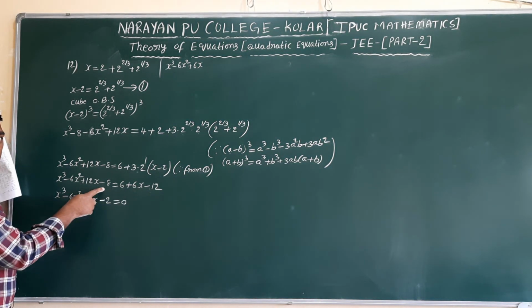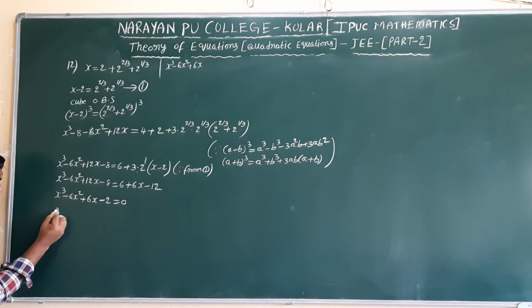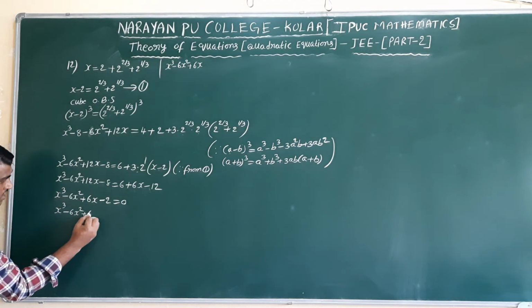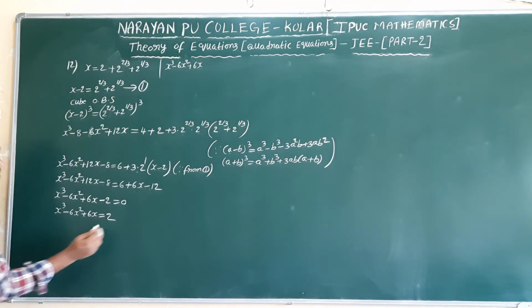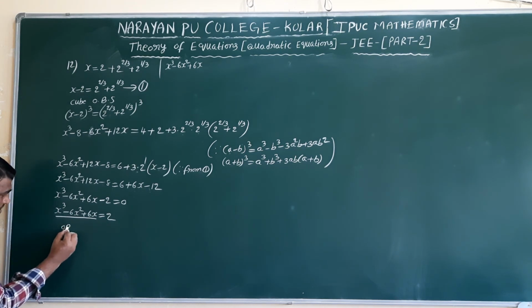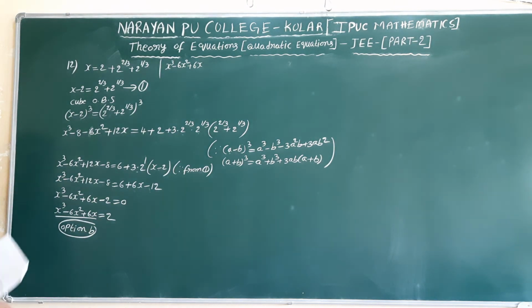Sending minus 2 to that side: x cube minus 6x square plus 6x is equal to 2. It asks for the value of x cube minus 6x square plus 6x, that is 2. Option B is correct.